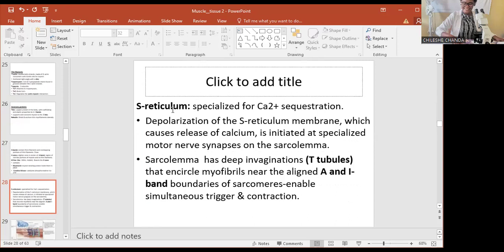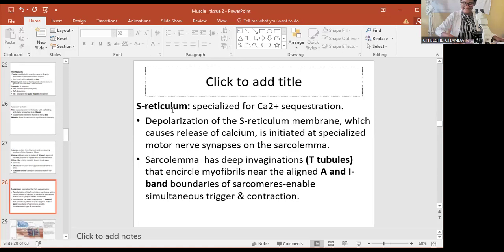Depolarization, you're going to learn about depolarization and membrane potentials in physiology. You're going to understand that very much when you do the membrane potentials, depolarization and the propagation of impulses.